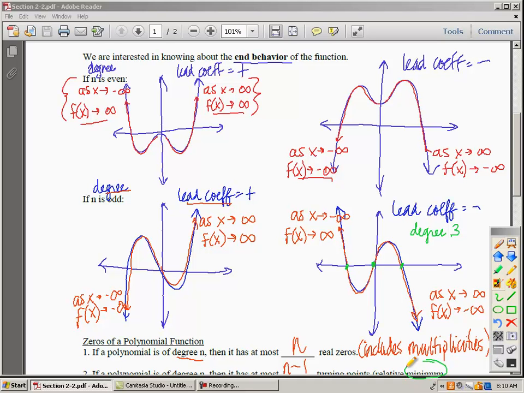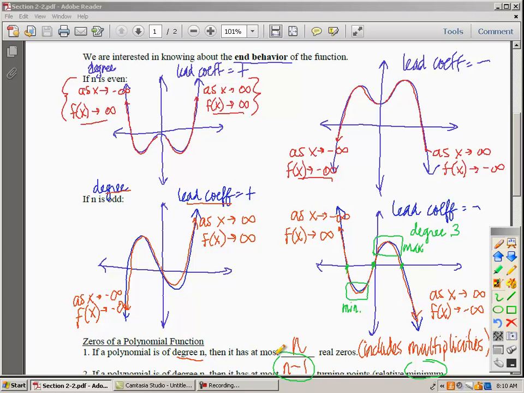And relative minimums and maximums mean the high or the low points of the graph, where you can actually find specific points. And you'll notice here is a minimum and here is a maximum. And if the degree is 3 with 3 zeros, I have only 2 turning points, which is that idea of n minus 1. So you'll always have one less turning point than you do the degree.